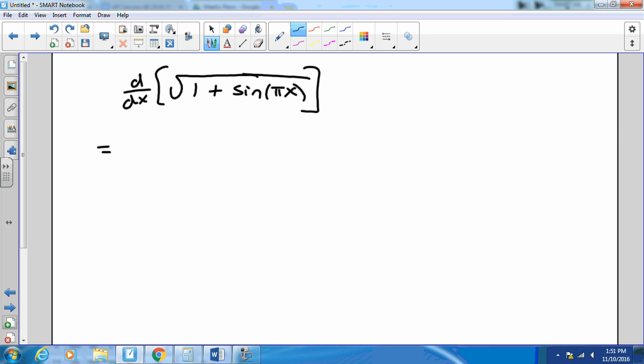Now, square root of 1 plus sine pi x times cosine.